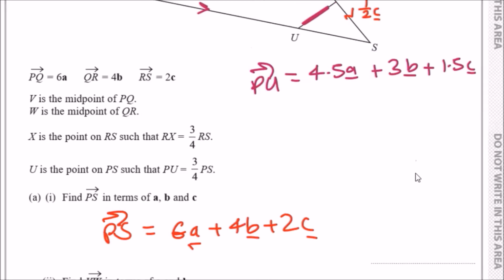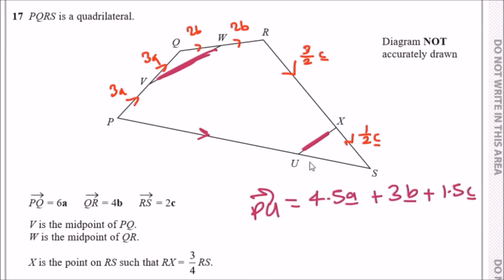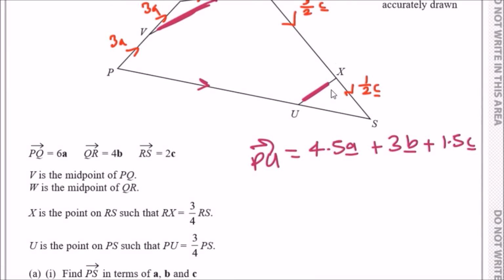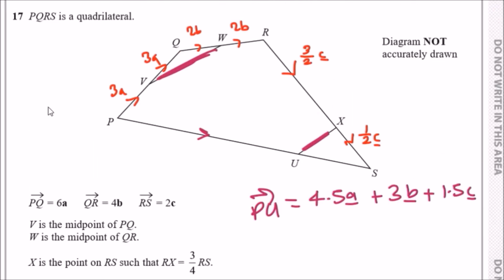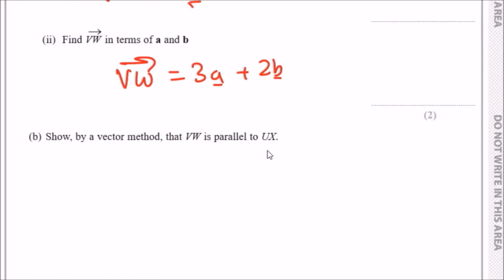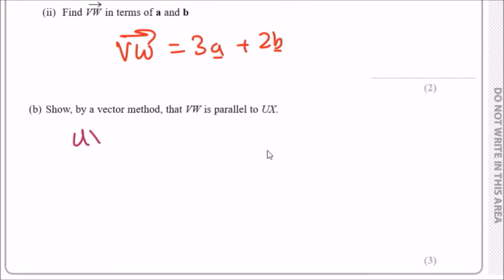So that's 3/4. Now, to go from U to X, we have to go all the way around. So we have to go back here plus all of these. If you're going from U to P, it will be the negative of all of these. So let me do it over here, U to X. It's going to be a big working out.